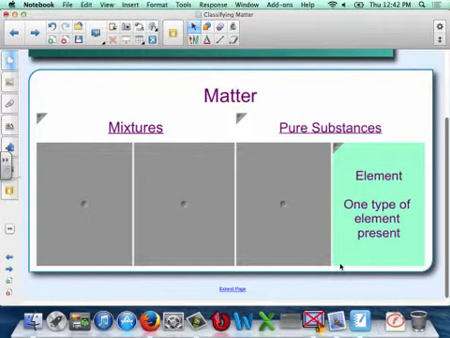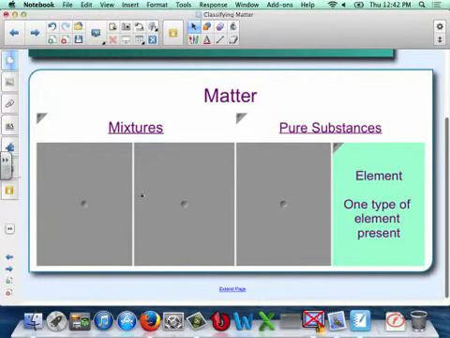Give me one. Gold would be a perfect example of an element. If I look at the atomic structure of gold, it's Au. There's no way to break that down any further, so it's a pure substance.